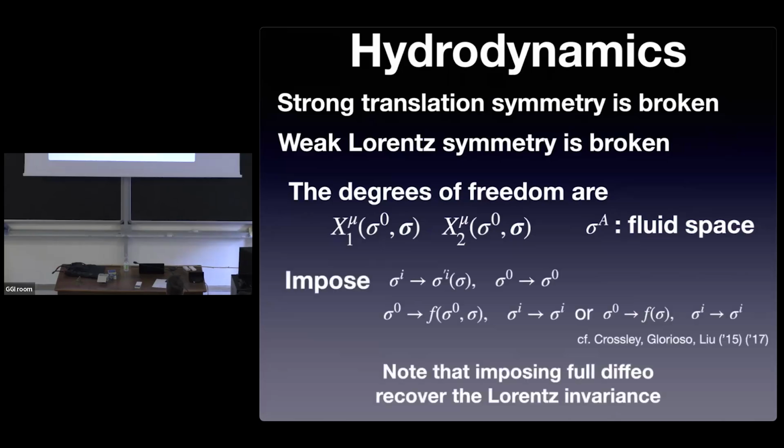Then, since the weak symmetry is unbroken, we impose gauge invariance for this variable, but still Lorentz symmetry is broken. So complete diffeomorphism is not imposed.